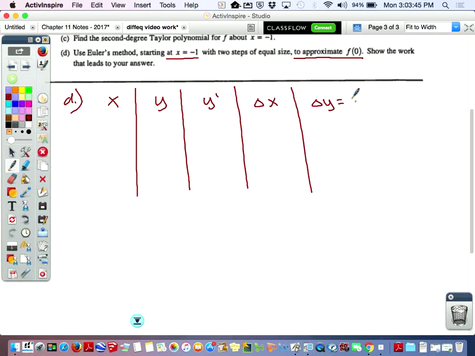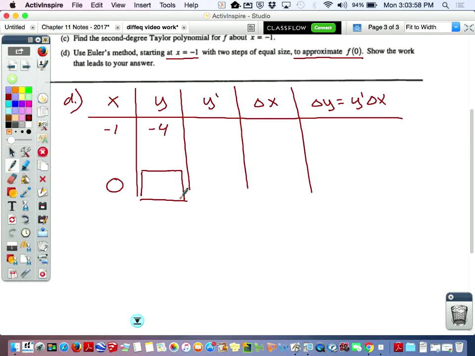Delta y, again, equal to y prime times delta x. We start out with the point -1, -4. Our goal is to get f of 0, so we're looking for the y value when x is equal to 0. 2 steps of equal size, we're going from -1 to -0.5 to 0. That gives us a delta x of 0.5.